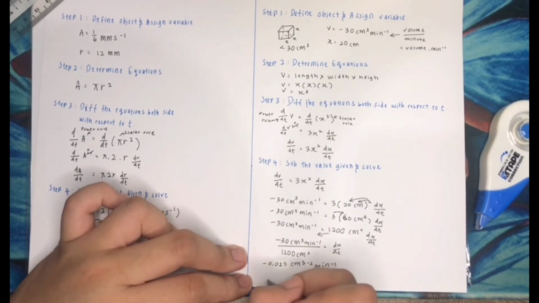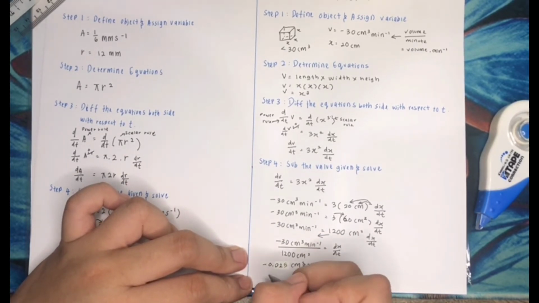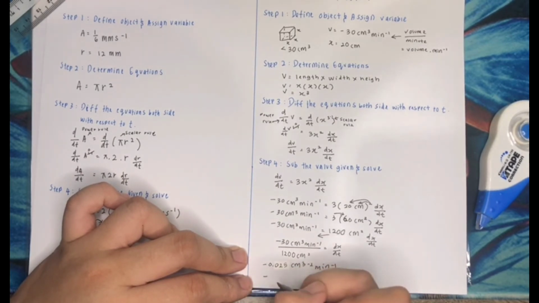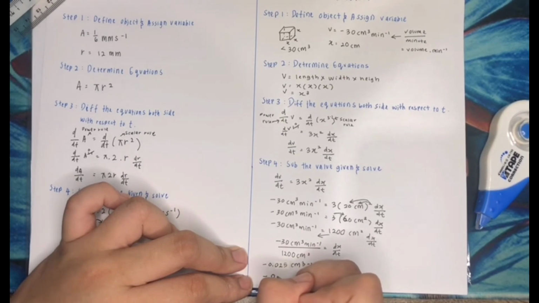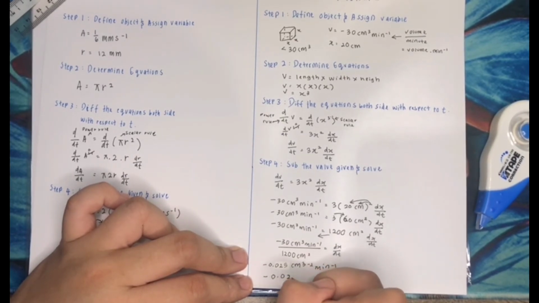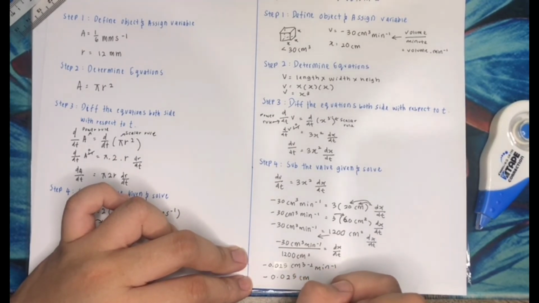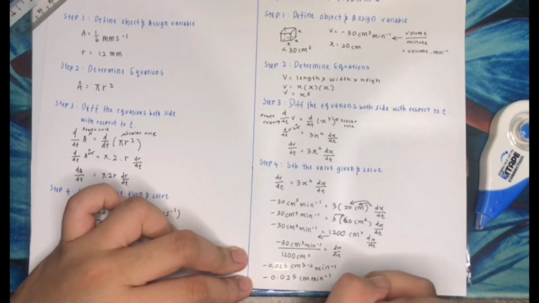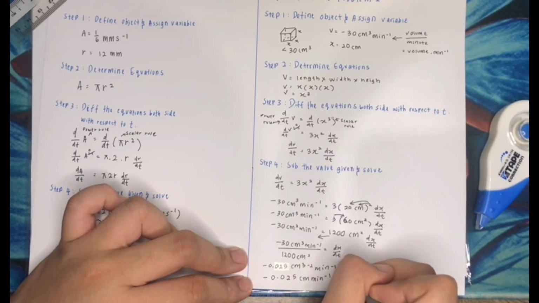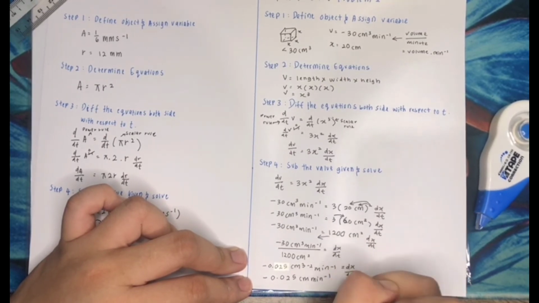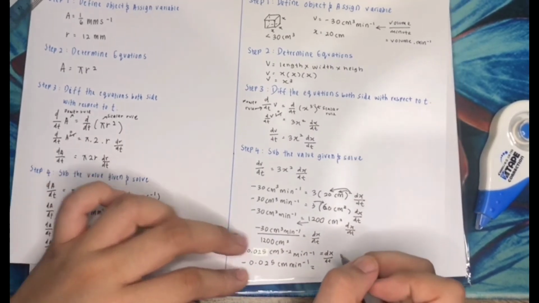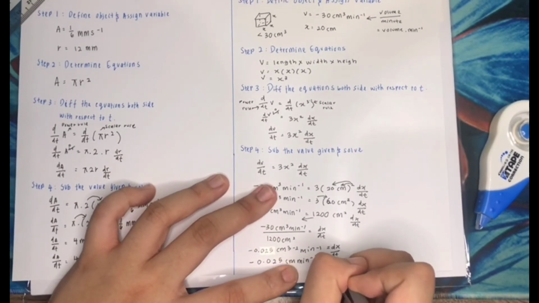So the answer is negative 0.025 cm to the power of 3 minus 2, which gives cm to the power of 1, right? So dx/dt equals negative 0.025 cm min^-1. That's the answer for problem 2.